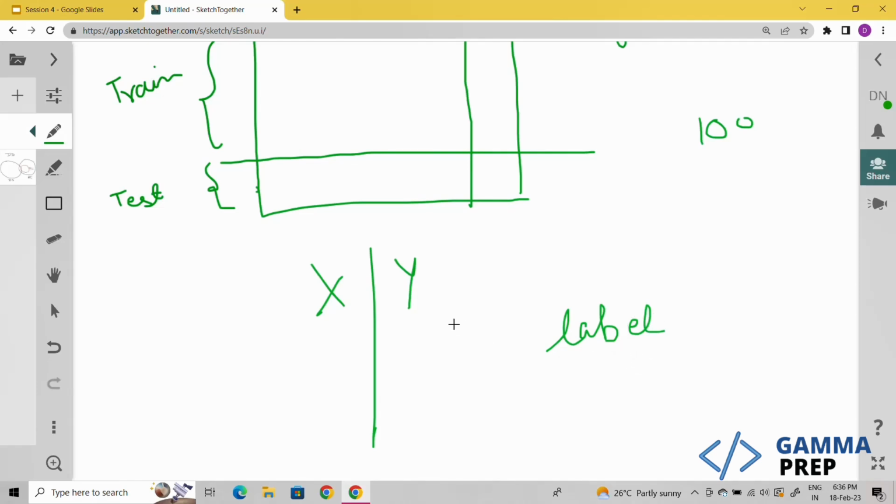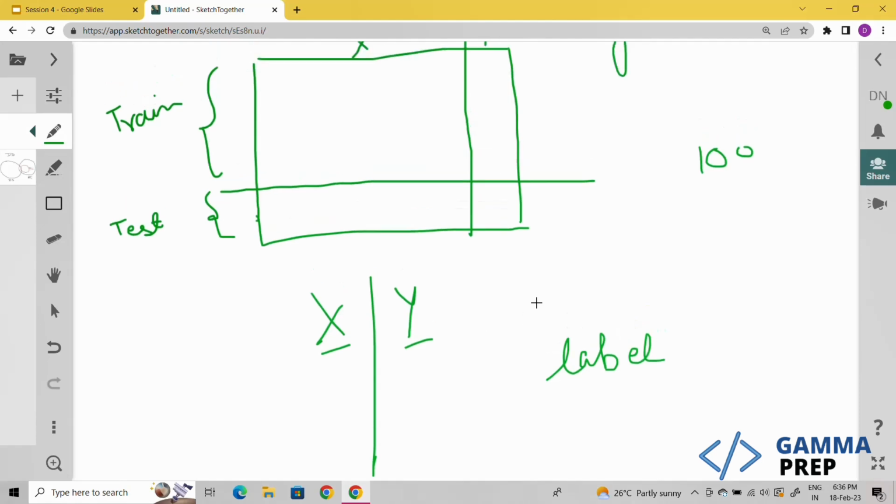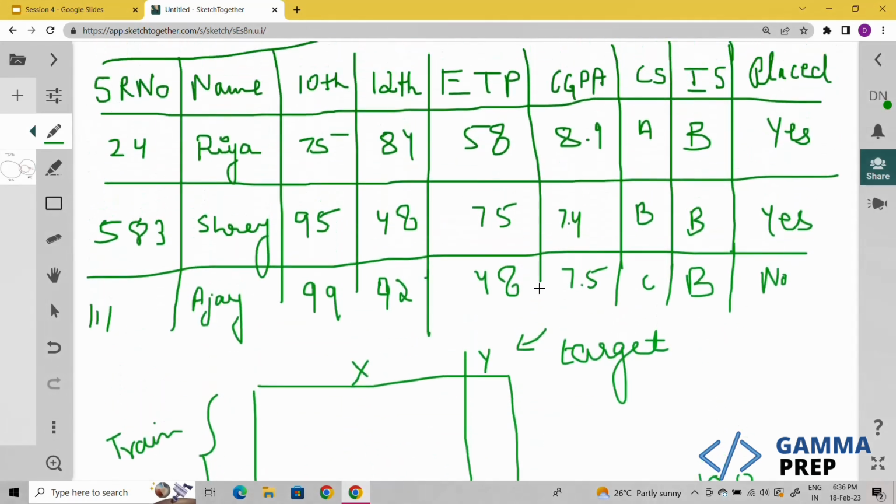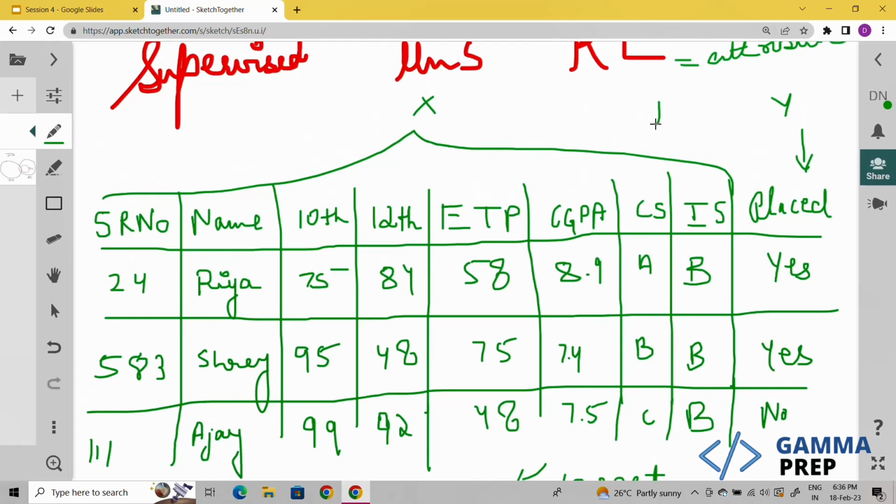What does labeled data mean? Labeled data means that we have input attributes and we have an output attribute also. That means we have a Y, we have a target which depends on the independent attributes. So this type of data is called labeled data, where we have X and Y.